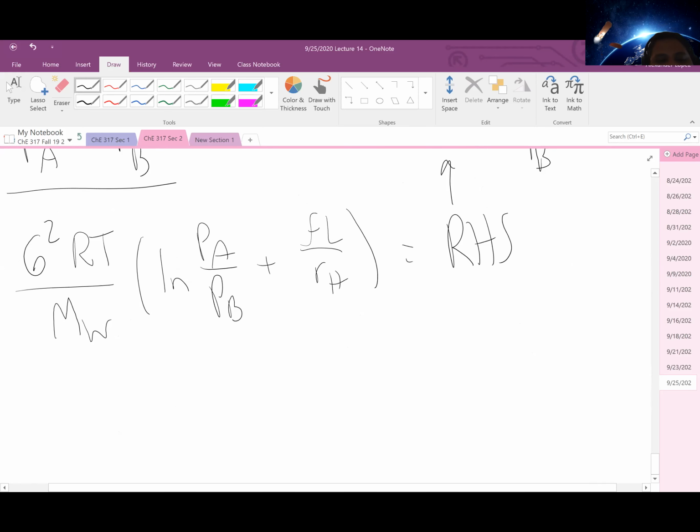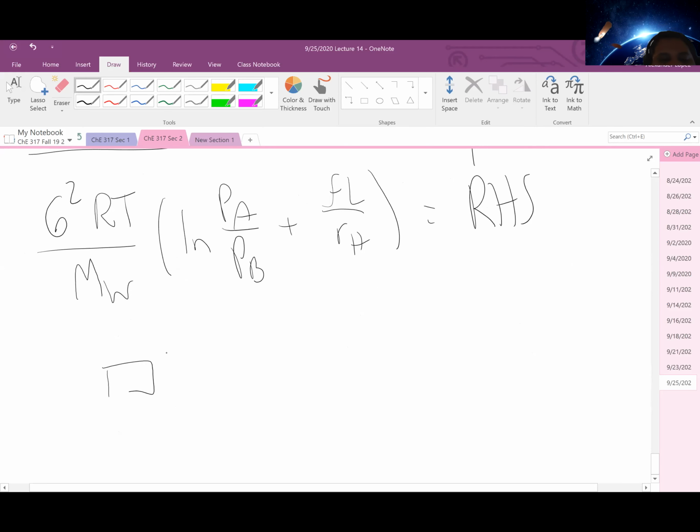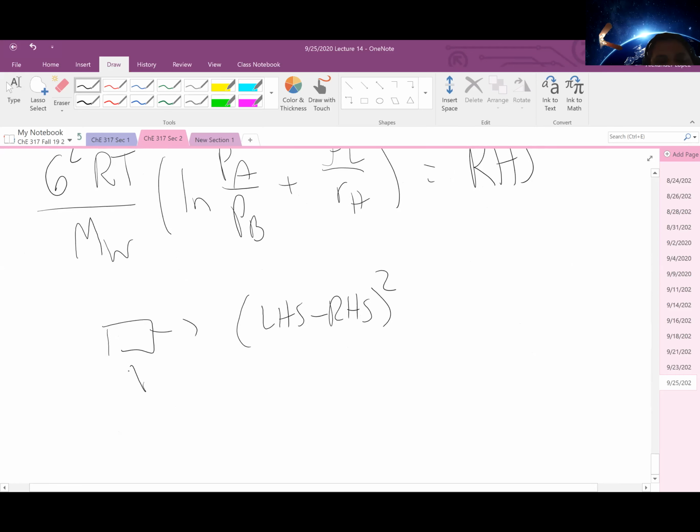If you set up a cell that is equal to the left-hand side minus the right-hand side squared, you can tell Solver to minimize the value in this cell by guessing PB.